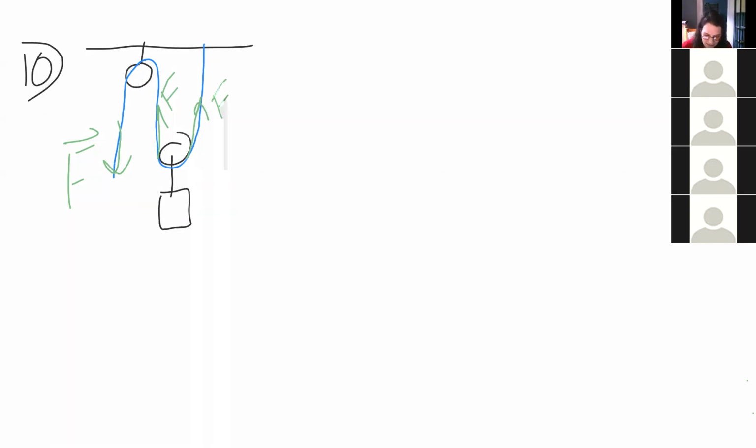So if I want to find the magnitude of my force in terms of the weight of the object, I know that I'm going to be in equilibrium over here. I know that my hanging mass will be in equilibrium. And the forces on that pulley are that we have the two applied forces upward, and then we have the weight of the object downward. And again, I'm in equilibrium, so that's equal to 0. Another way of putting this is that 2 times the applied force is equal to the weight.